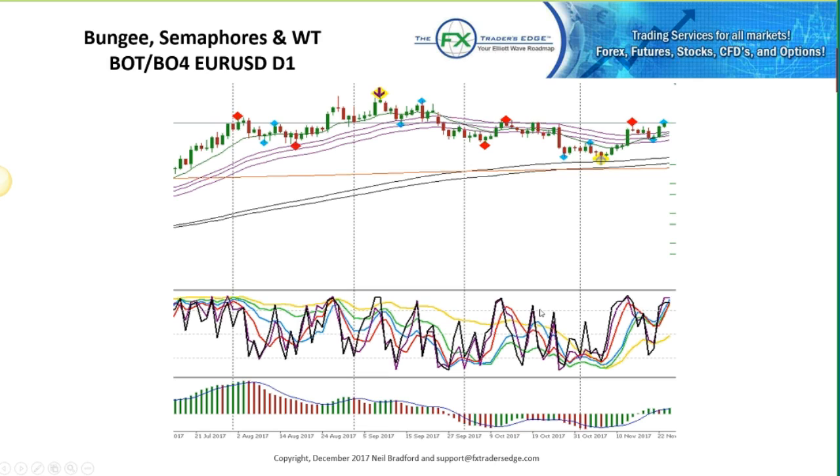As predicted, these red and blues came down to the green. And we were expecting the green to come back up to the yellow, but as time progressed, the yellow came lower. So now we have all bungees at the bottom, and we're looking for a move in the opposite direction.